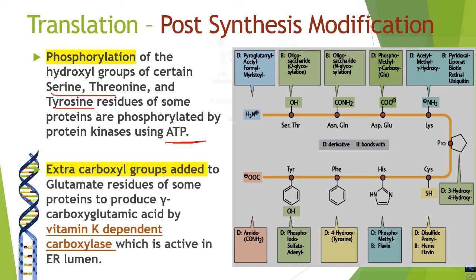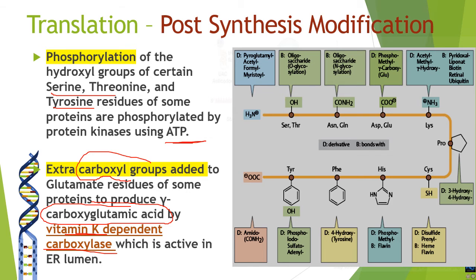Another modification is of a glutamate residue, where an extra carboxyl group is added. This is done in some proteins to produce gamma-carboxyglutamic acid, and this modification is brought about by the carboxylases, which are vitamin K dependent and active in the endoplasmic reticulum.